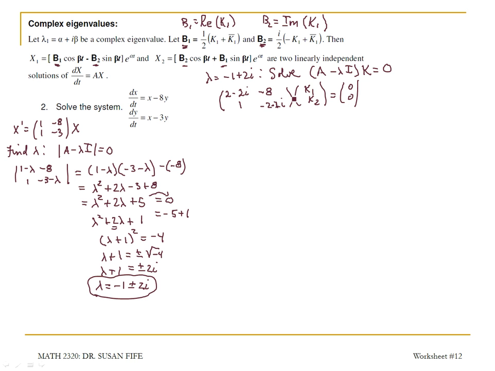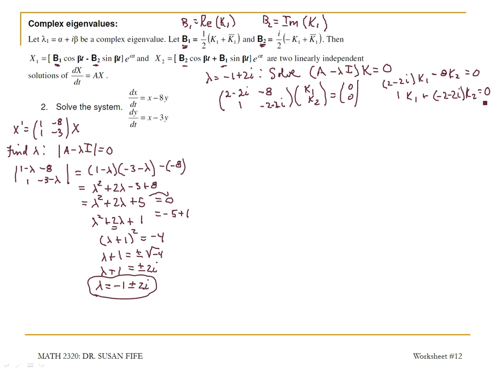When I write out these equations, I'm going to get 2 minus 2i times k1 minus 8 times k2 is equal to 0, and 1 k1 plus negative 2 minus 2i times k2 equals 0.